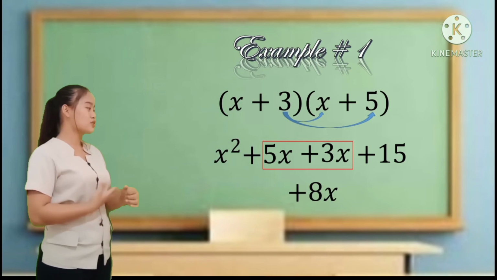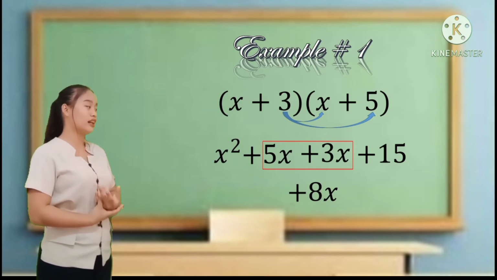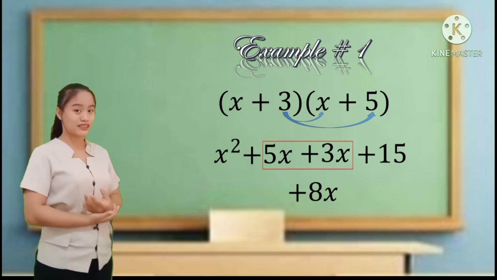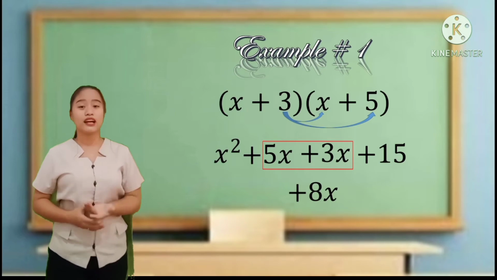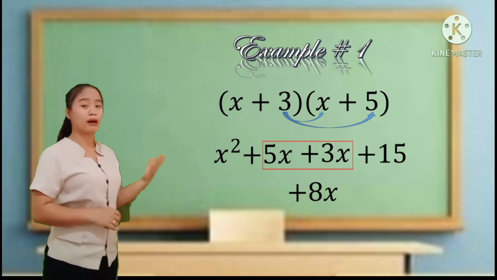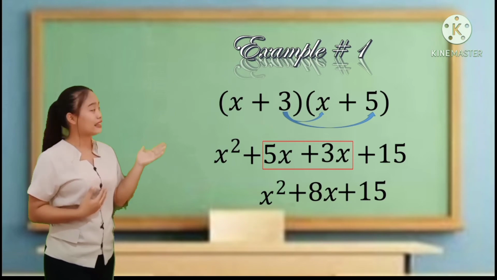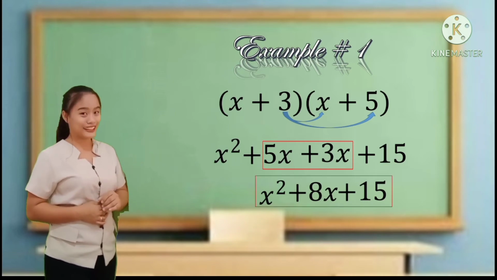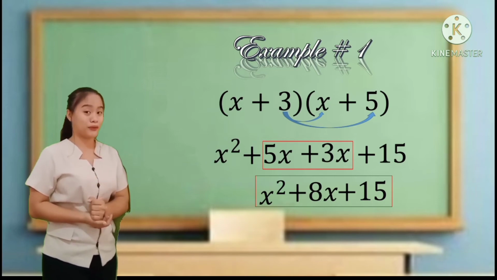So just add the coefficients and copy the variable. Understand, class? Yes, ma'am. Okay, very good. So our final answer for this example problem is x squared plus 8x plus 15. So that's how you solve binomials.